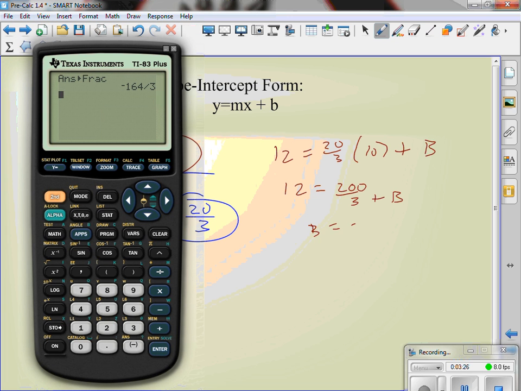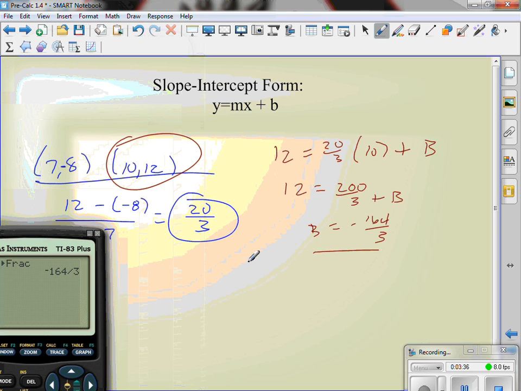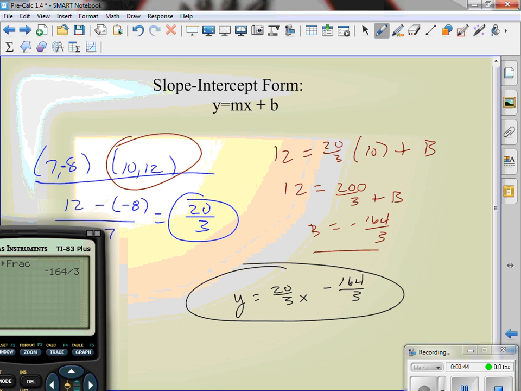B is negative 164 over 3. That is my y-intercept using those 2 points. The equation of the line is y equals 20/3 x minus 164/3. That is the equation of the line that passes through the points 7, negative 8, and 10, 12.